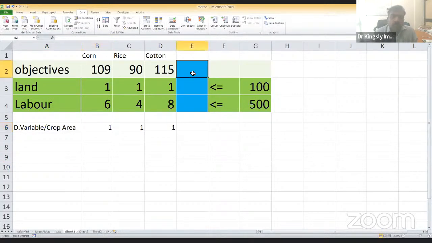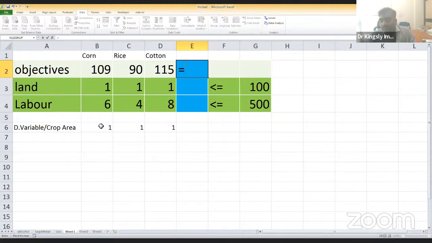Now I want to calculate what could be my objective value, that means the total net revenue, and what could be my resource usage. That's how I have to calculate it. So how should I calculate? Anybody can tell if you are happy to do that. Otherwise, I will do it.